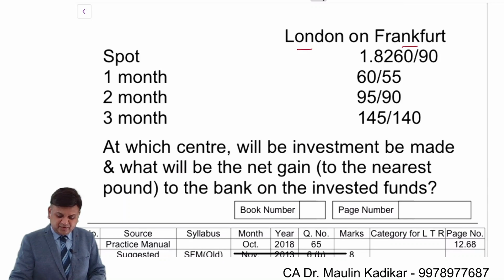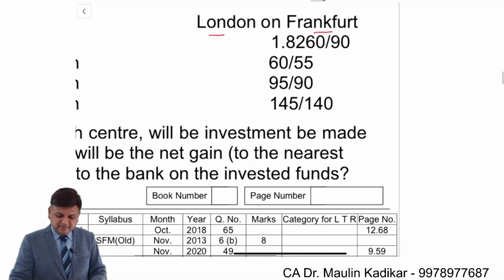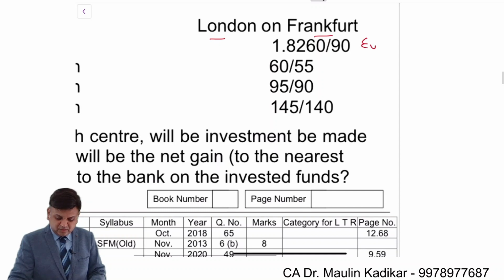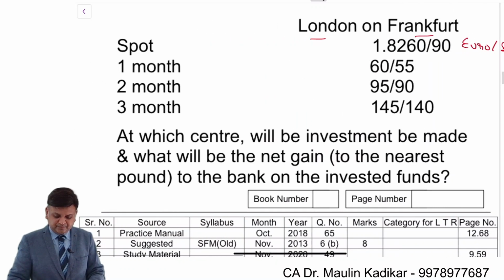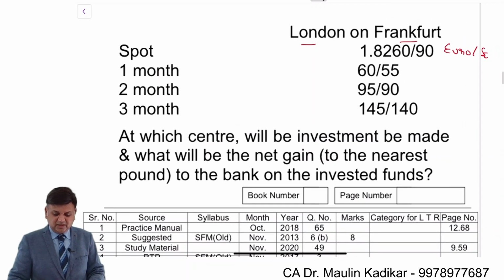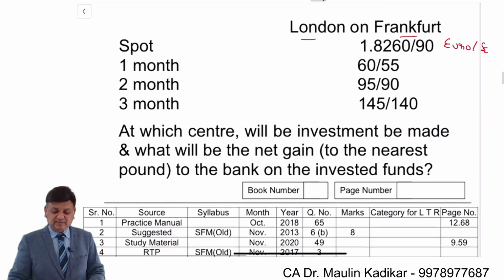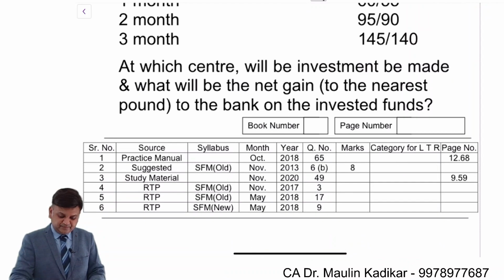London on Frankfurt. So we have been provided with the euro per pound exchange rate. Again the spot is given. 1 month, 2 months and 3 months rates are provided. At which center investment will be made and what will be the net gain to the nearest pound.